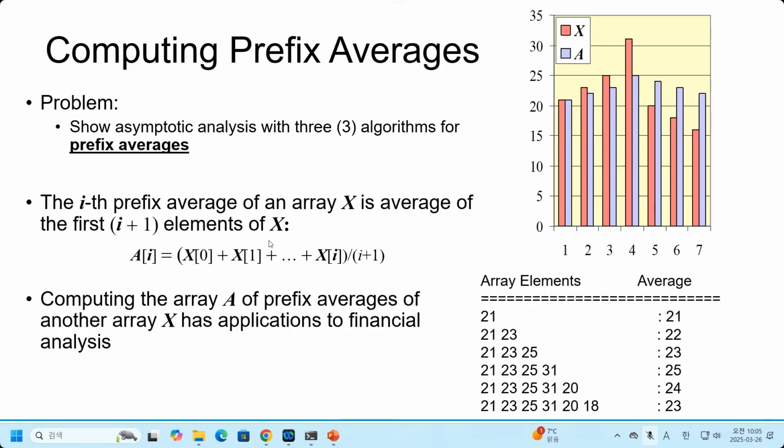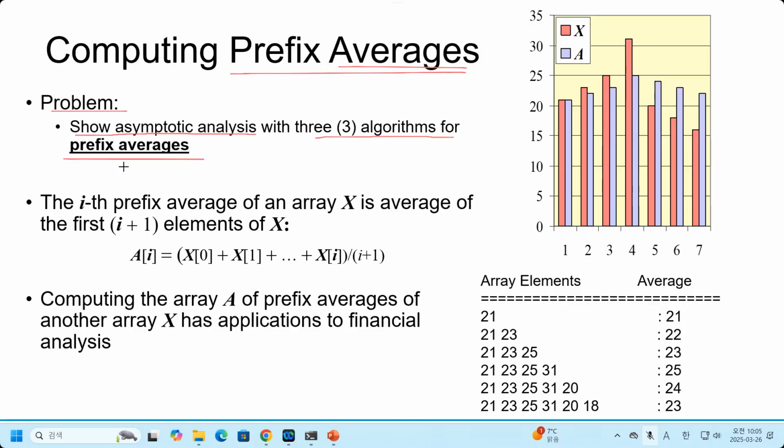Now, let's see another example. I want to compute prefix averages. What does it mean by prefix averages? The problem is, show the asymptotic analysis with 3 algorithms for prefix averages.